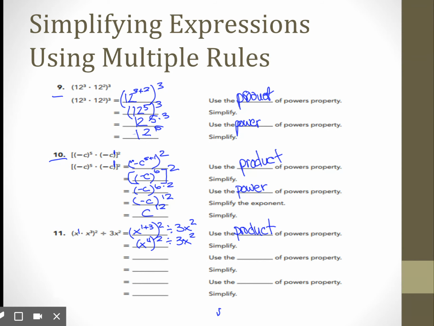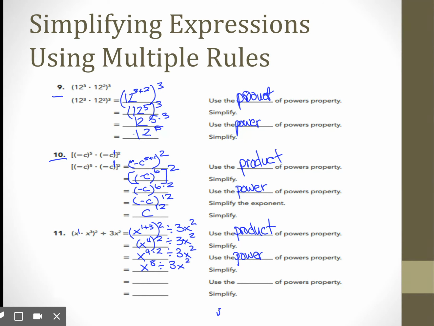Now I'll apply the power of a power property. So I'll have x to the 4th times 2 divided by 3x squared, which simplifies down to x to the 8th divided by 3x squared.